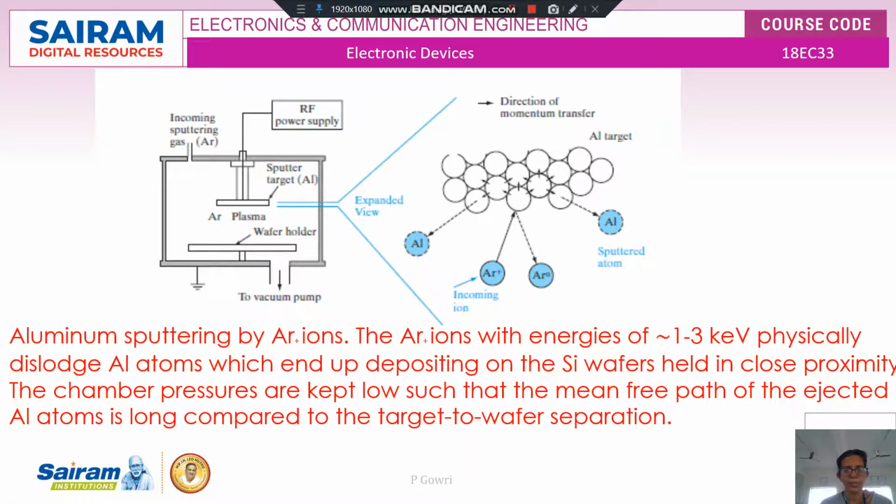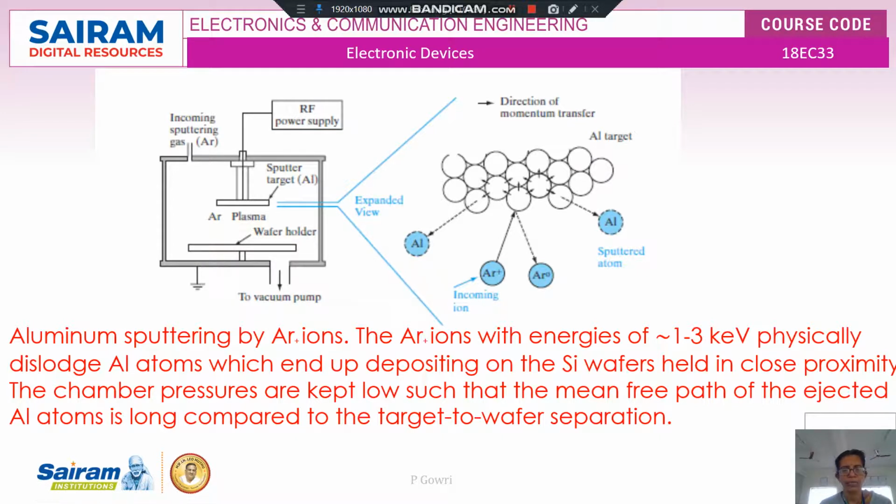So the argon gas coming inside will hit the aluminum material, remove the aluminum atoms from the target, and make them fall on the silicon wafer, where those aluminum atoms form a layer, which is nothing but the aluminum coating.